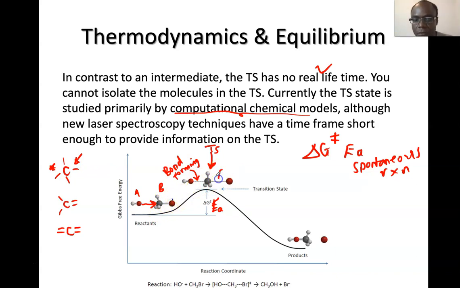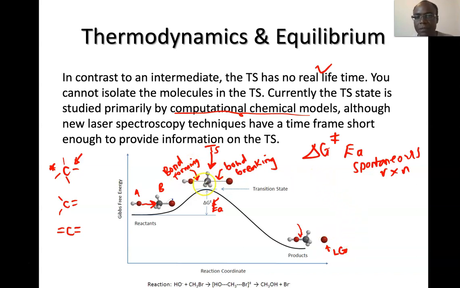So this bond is breaking. It's in the process of breaking, but it's not broken yet. Once this is broken and this is formed, you make your product with the bond there, and this becomes the leaving group.